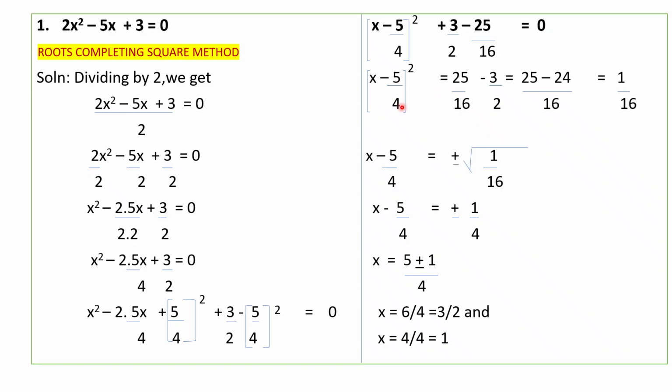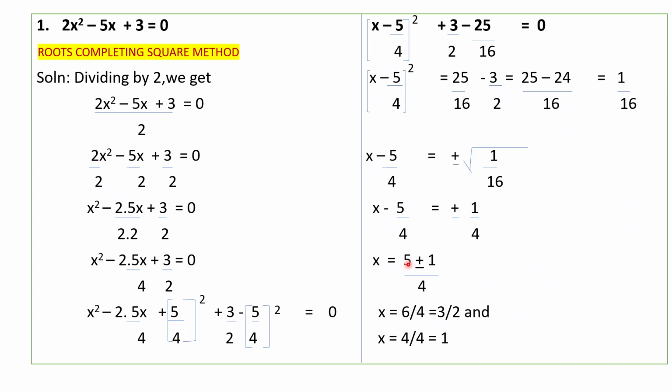So x minus 5 upon 4 whole square equal to 25 upon 16 minus 3 by 2. Take these terms to the right side. So 25 minus 24 upon 16 LCM, so 1 upon 16. Next, x minus 5 by 4 will be the square root of this 1 by 16, plus minus. So x minus 5 by 4 will be plus minus 1 by 4, and then 5 by 4 comes here. So 5 plus minus 1 upon 4.